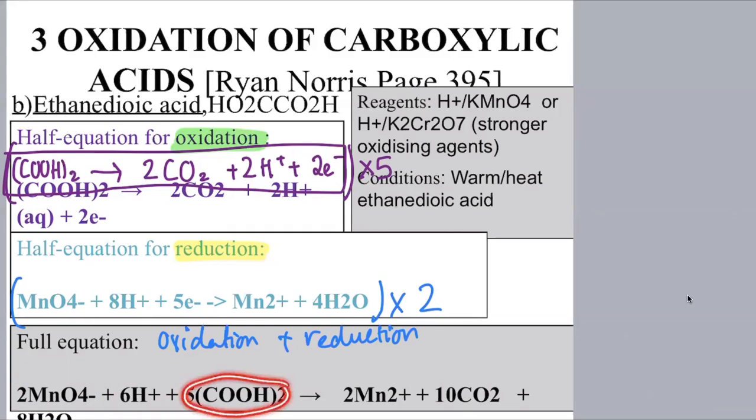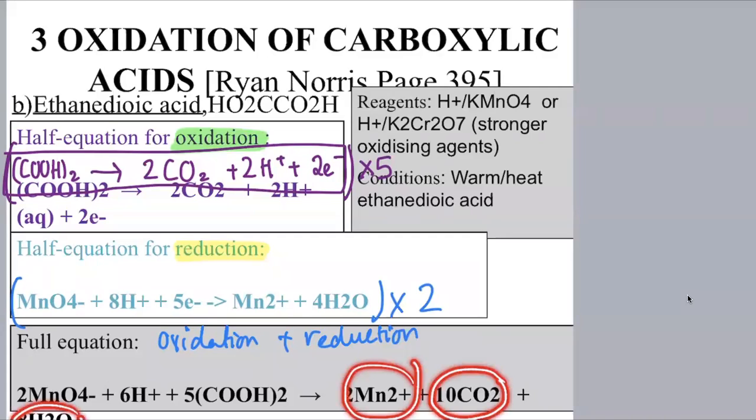5(COOH)2, that's your diethanoic acid, goes to 2Mn2+ plus 10 CO2 plus 8 H2O, I think. Yeah, 8 H2O. Okay, so please write down this equation correctly.